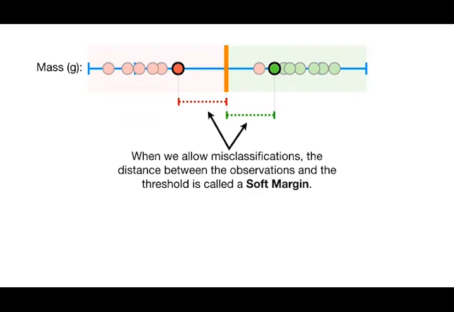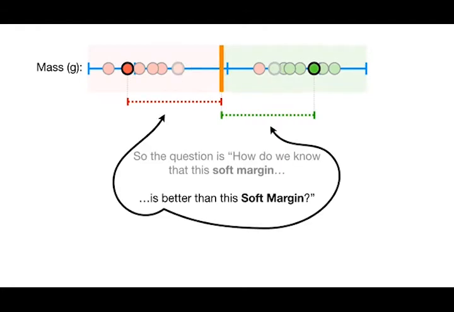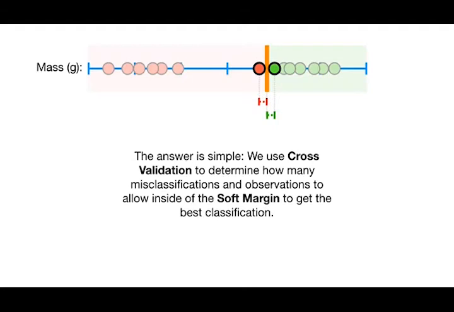Oh no, it's another terminology alert. When we allow misclassifications, the distance between the observations and the threshold is called a soft margin. So the question is, how do we know that this soft margin is better than this soft margin? The answer is simple.